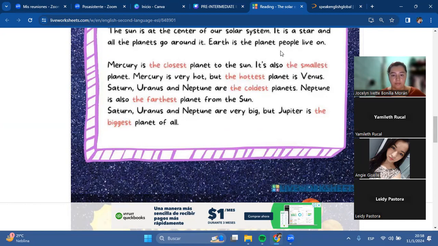Saturn, Uranus, and Neptune are the coolest planets. Neptune is also the farthest planet from the sun. Okay, thank you so much. Lady, the last two lines. Saturn, Uranus, and Neptune are very big, but Jupiter is the biggest planet of all.